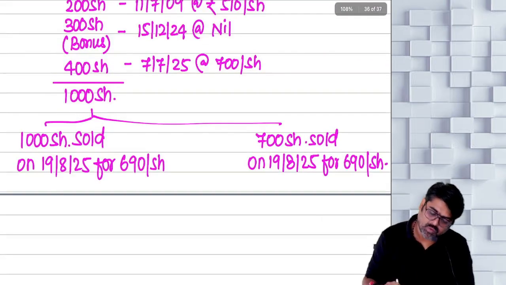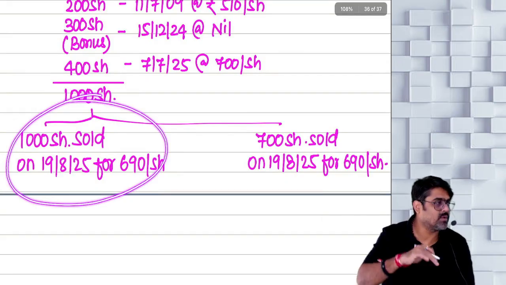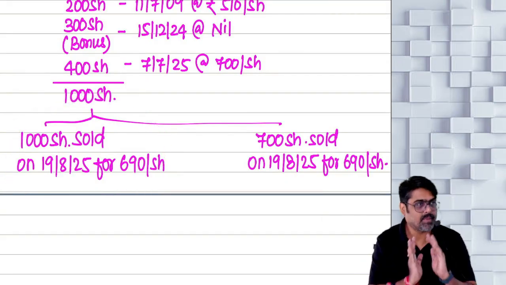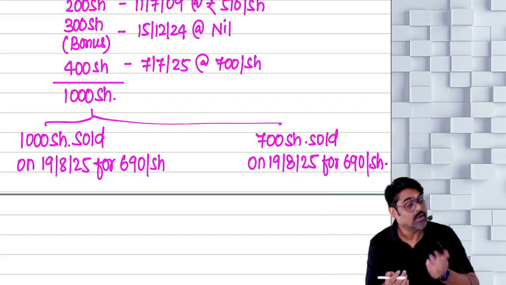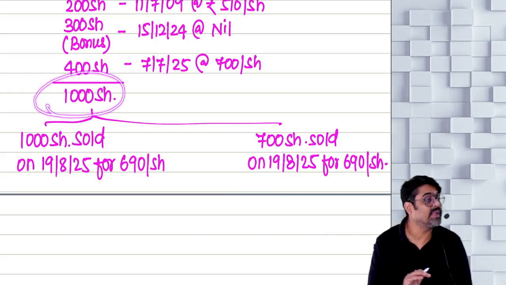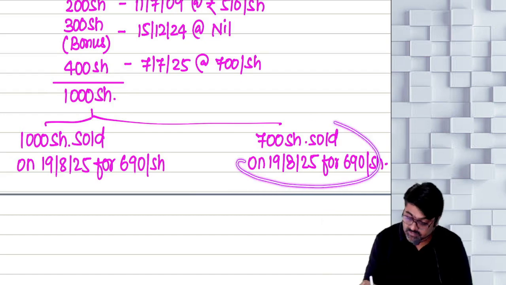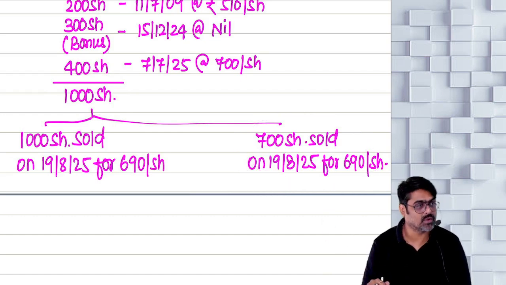Now first we have to assume this possibility and calculate the capital gains. This will be my first part. Now the same question can tell you that instead of all the 1,000 shares being sold, only 700 shares out of these are sold, and now calculate the capital gains.